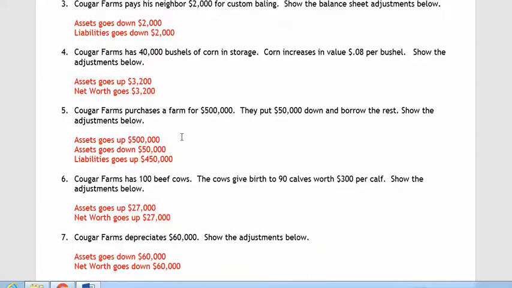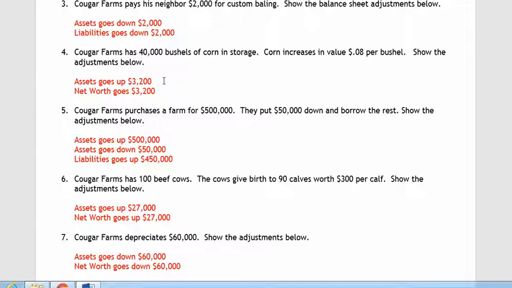Number 4, Cougar Farms has 40,000 bushels of corn in storage. Corn increases in value 8 cents a bushel. Well, 8 cents a bushel on 40,000 bushels of corn is $3,200. If that corn goes up in value, that means assets go up $3,200. Does liabilities get affected?